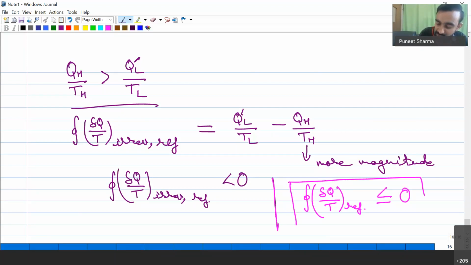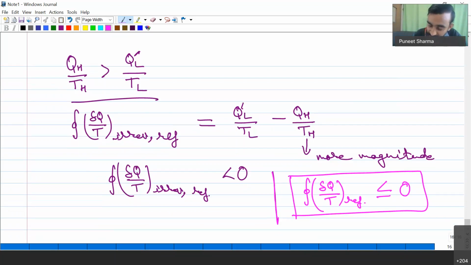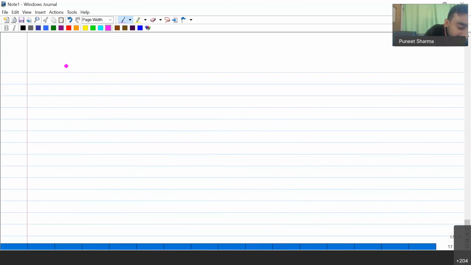So this is one very, very important finding. Whether we go to an irreversible process or a reversible process, either for a heat engine or a refrigerator device, every time we find that our Clausius inequality is applicable. So what is the meaning of this? The meaning is that we have a completely reversible process.